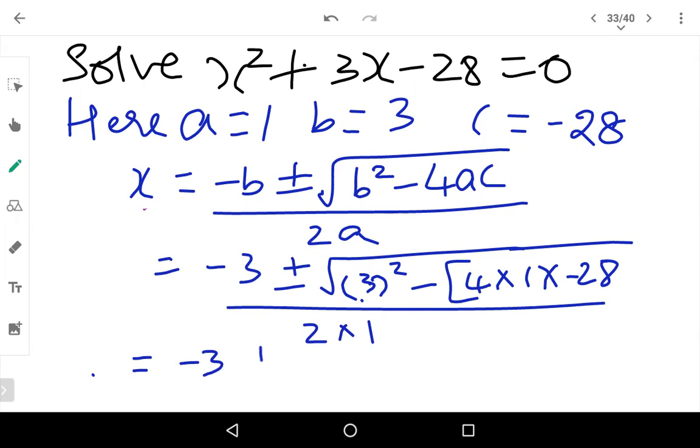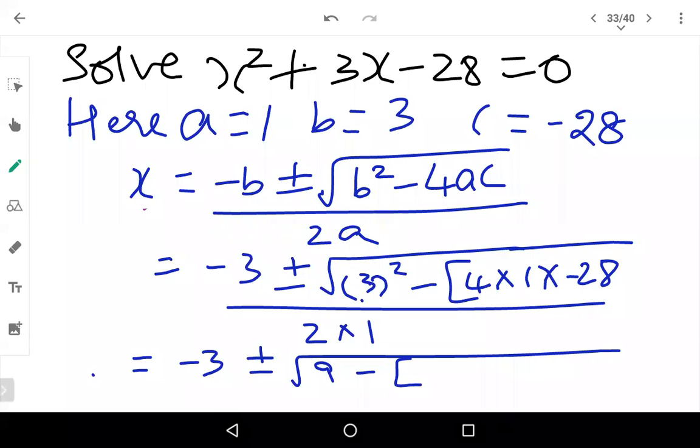So minus 3 plus or minus square root of 3 square is 9 minus 4 ones are 4 and then 4 into minus 28. What is the value you get? 4 into 28 will give me 112. So minus 112, divided by 2.